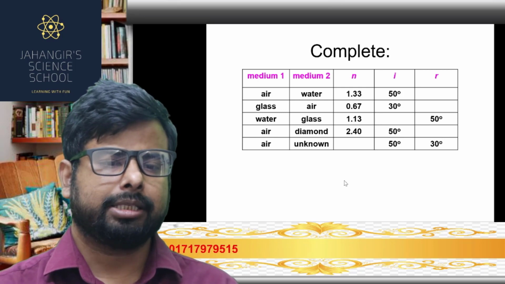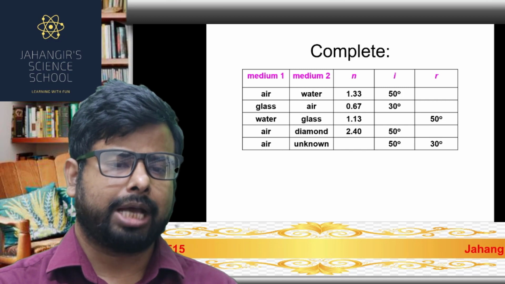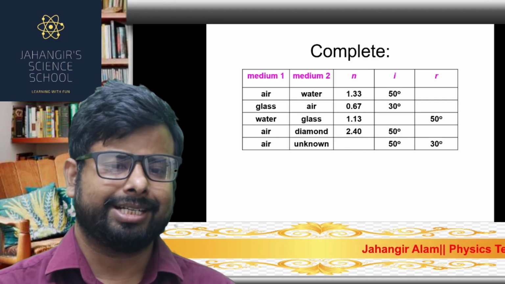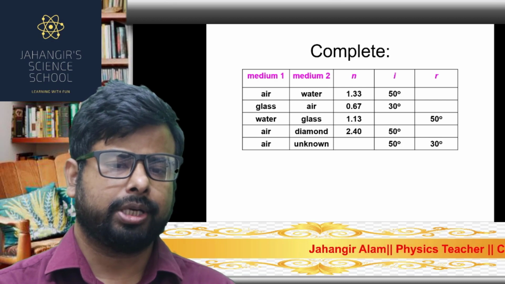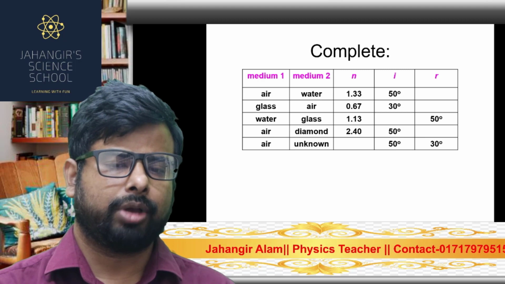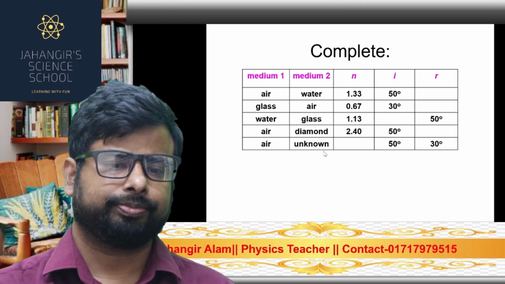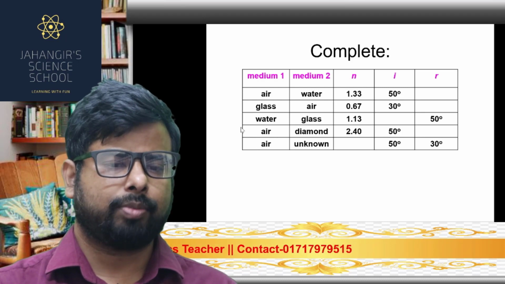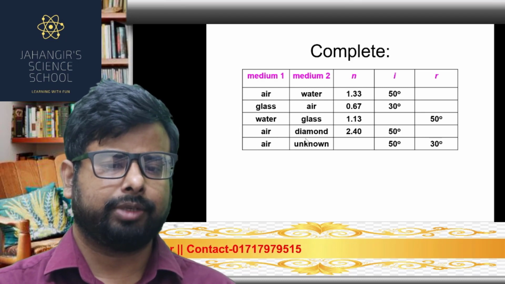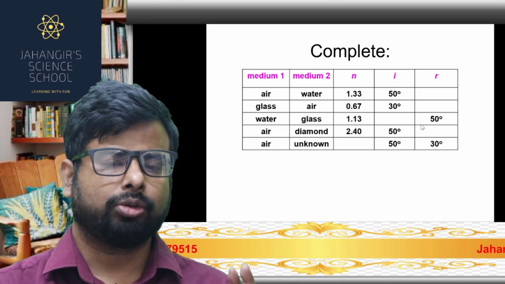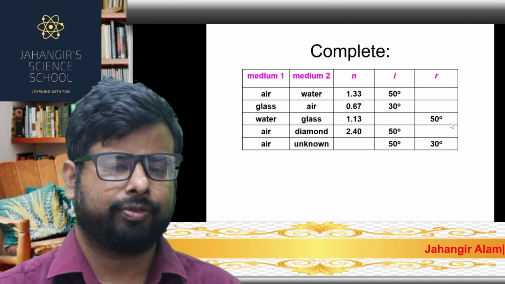In the second case, light passes from glass to air. That means medium 1 is glass and medium 2 is air. Refractive index here is 0.67. The angle of incidence is 30 degrees. We have to find out the angle of refraction. In the third case, light passes from water to glass. Here the refractive index is 1.13. We have to find out the angle of incidence, and the angle of refraction is 50 degrees here.